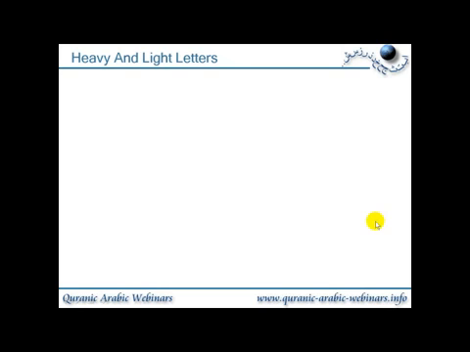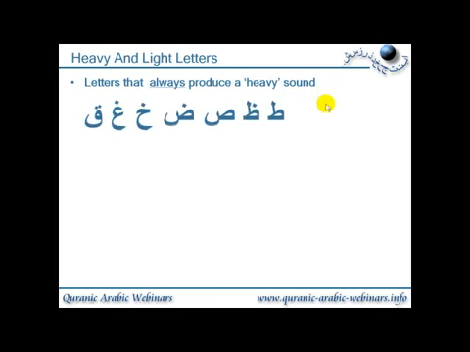Heavy and light letters. Letters that always produce a heavy sound. So these are the 7 letters that always produce heavy sounds. So we have ta, dha, sad, dad, kha, gha, and qa.